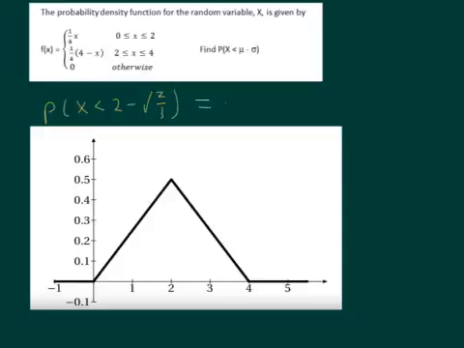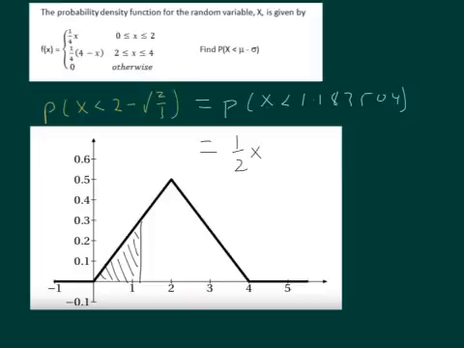Now, 2 minus the square root of 2 thirds works out to be 1.183504. So what we actually need to find out is this area here. So how do we find out the area of a triangle? Well, it's half the base times the height. So the probability that x is less than 1.183504 is a half times the base, which is, let's do it exactly, 2 minus root 2 thirds.